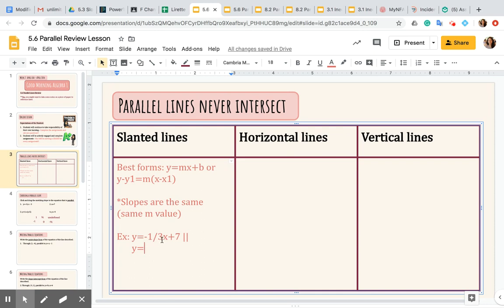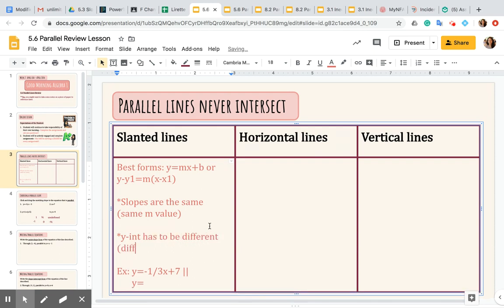So I'm going to have to use the same slope, but also the y-intercept has to be different. Y-intercept has to be different.